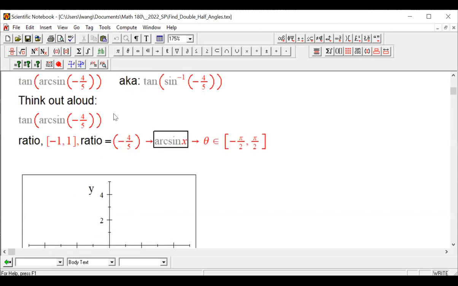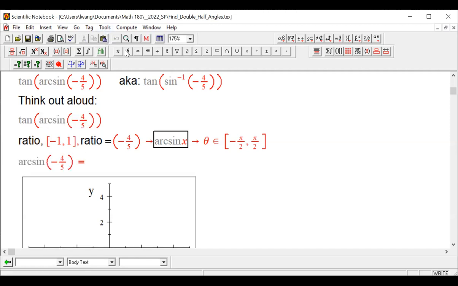arc sine. If this is an angle, this angle is going to be between -pi/2 and pi/2. In particular, because it's a negative ratio, it's going to be between -pi/2 and 0. So it's in the fourth quadrant.